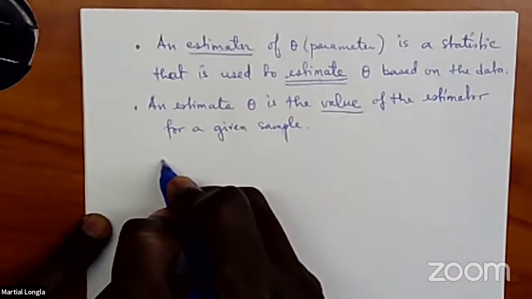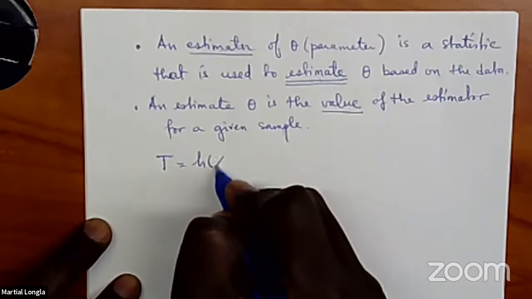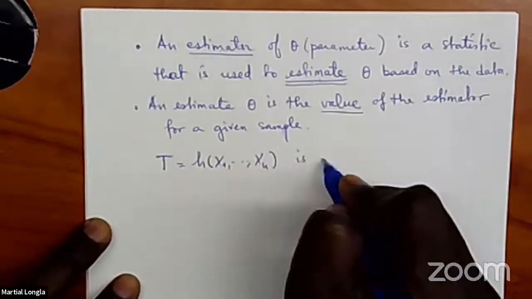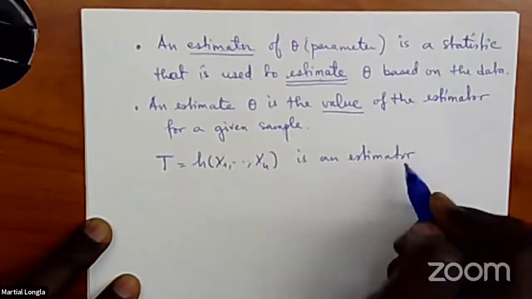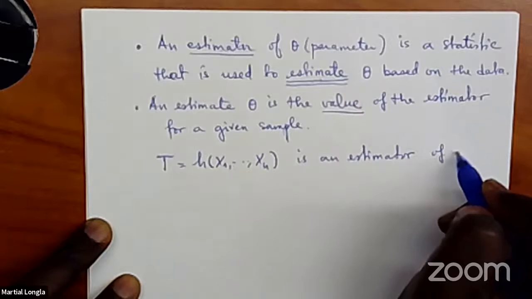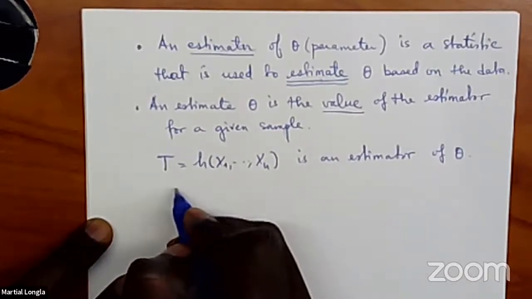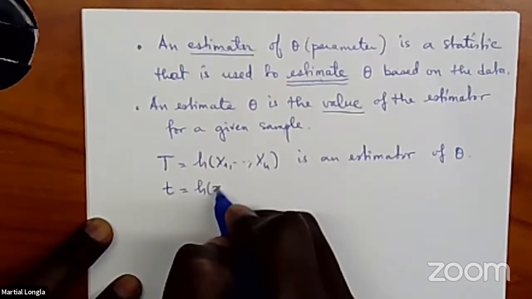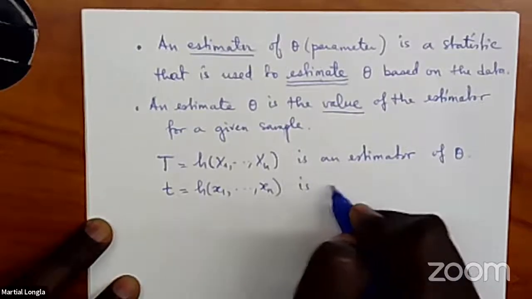So T equals h of x1, ..., xn is an estimator. If this is an estimator of theta, then little t equals h of little x1, ..., xn is an estimate.